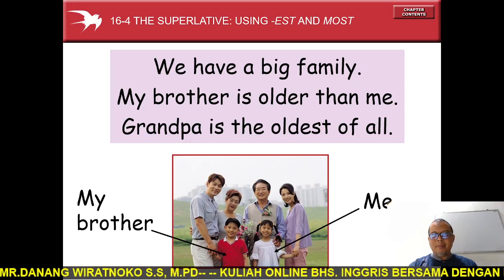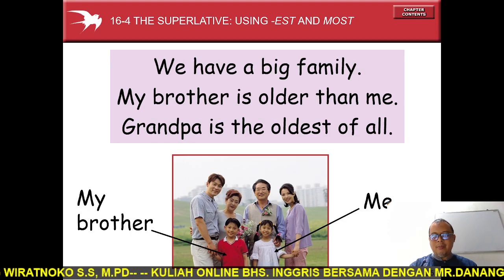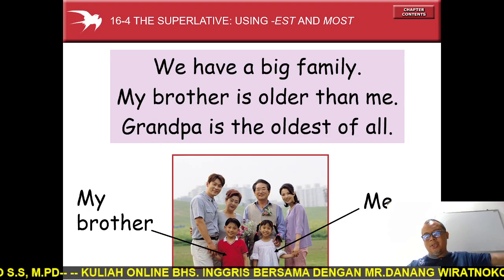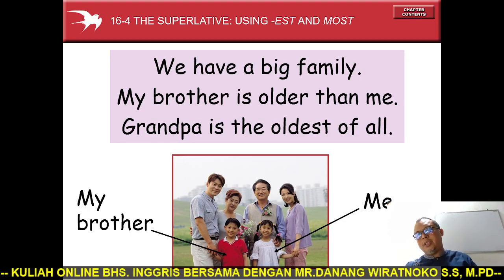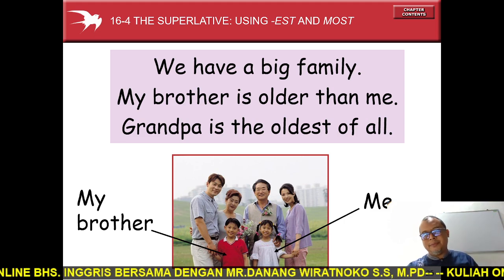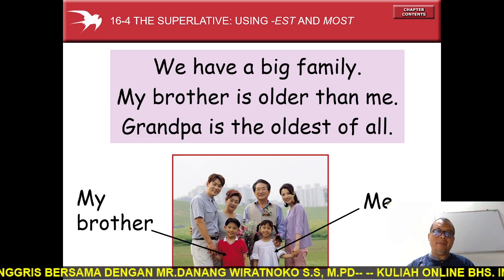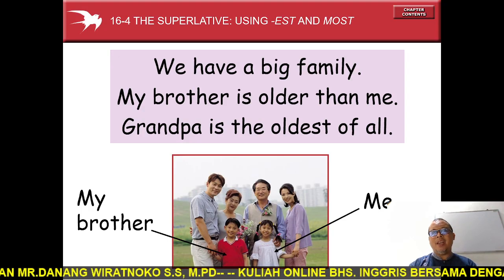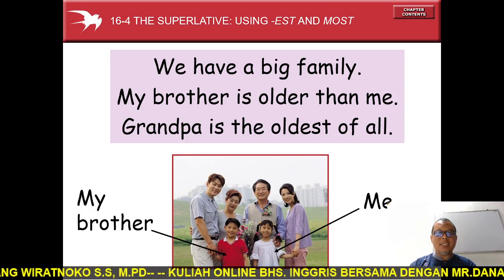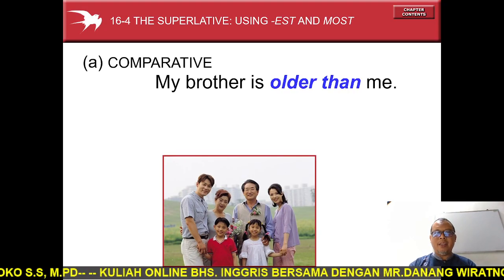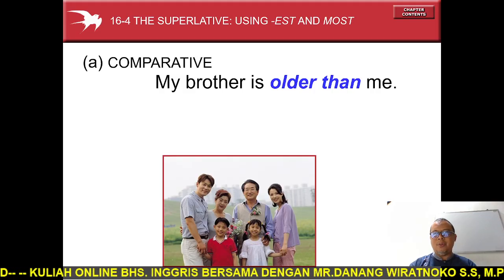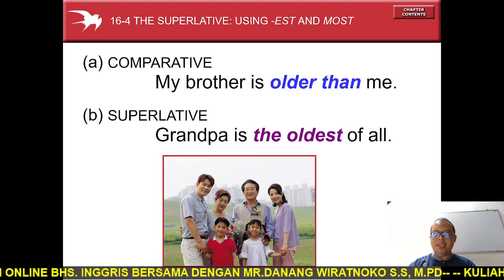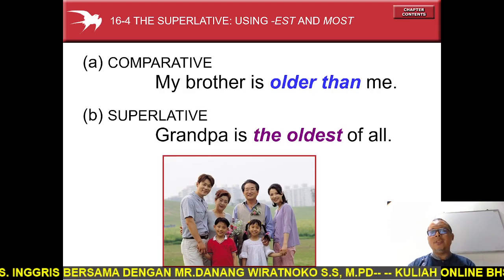We have a big family. My brother is older than me. Grandpa is the oldest of all. Okay, so this is superlative. Okay, everyone. When it's superlative, we say most and est. Yeah. Comparative, older. My brother is older than me. But superlative, we say grandpa is the oldest.